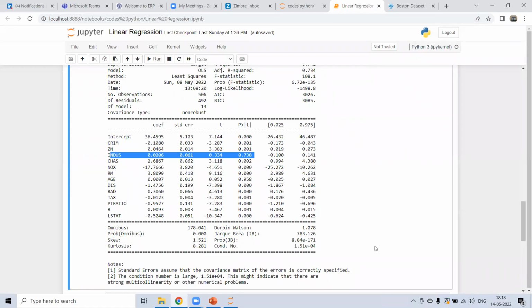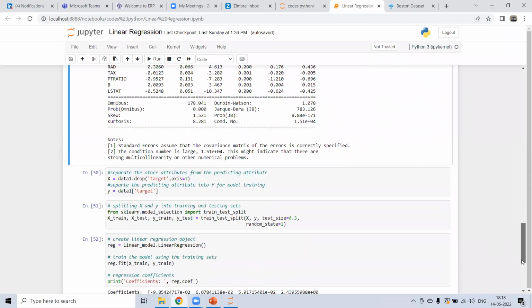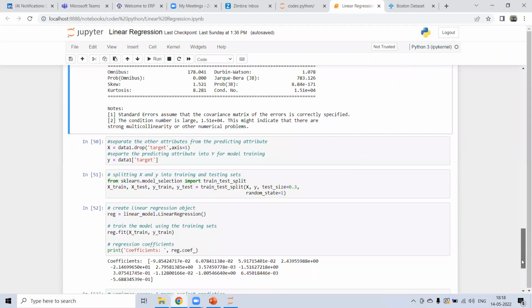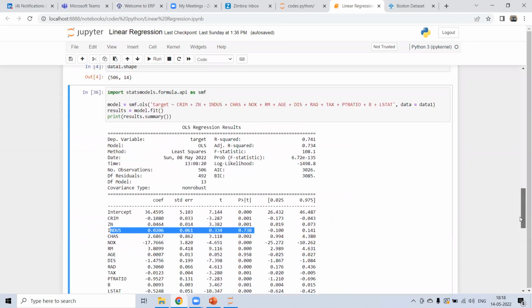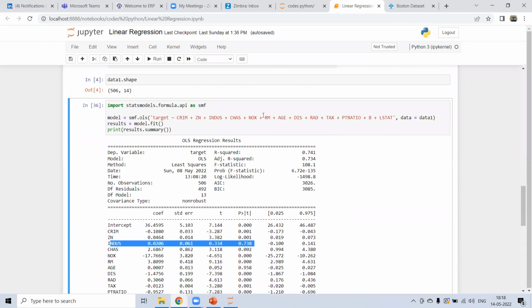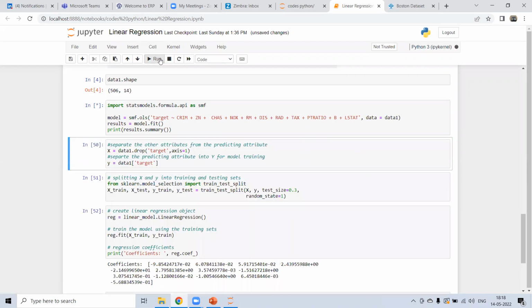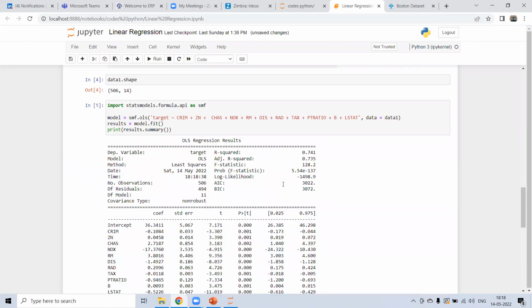So what you will do is remove these two variables and then do your modeling. So you should rather drop Indus from here and age from here, and then you should run the model.